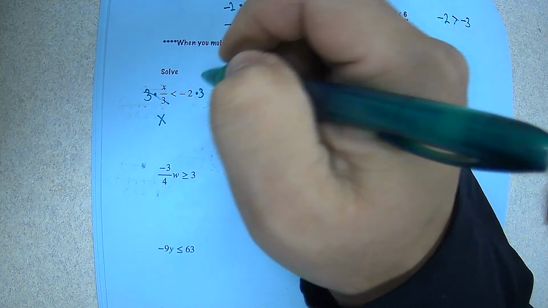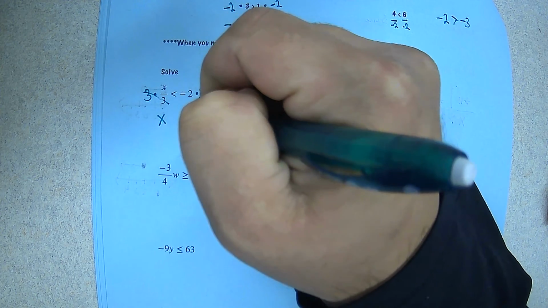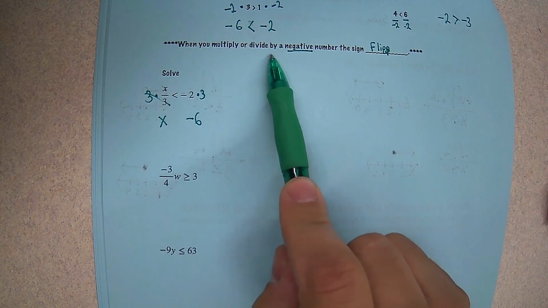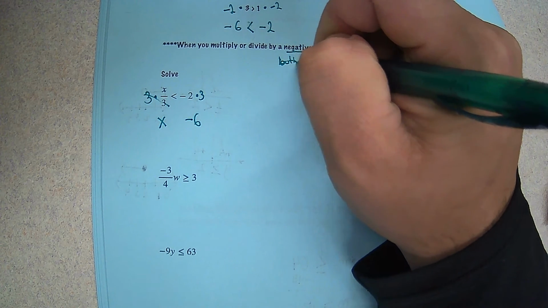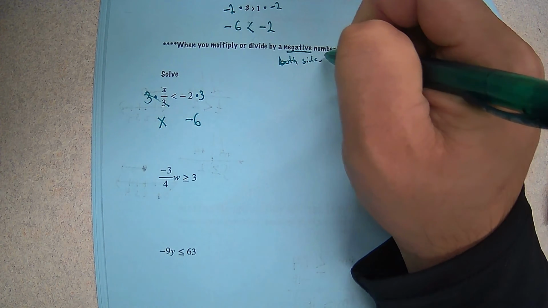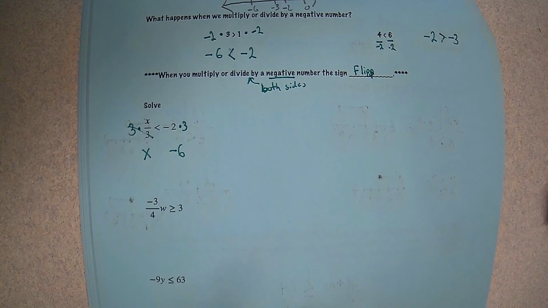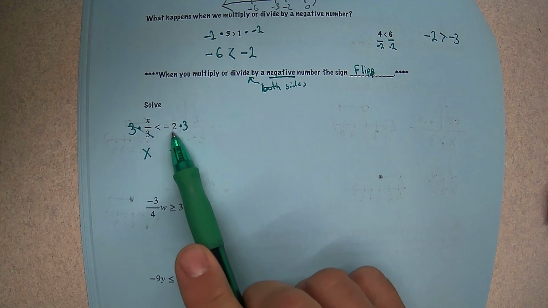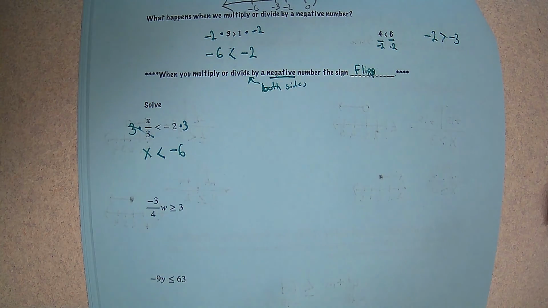We're left with x. -2 times 3 is a -6. Now, remember, when you multiply or divide both sides by a negative number, then you flip the sign. Notice I didn't multiply by a negative number. This side did have one in there, but it doesn't change. So our inequality is still just going to look like this.